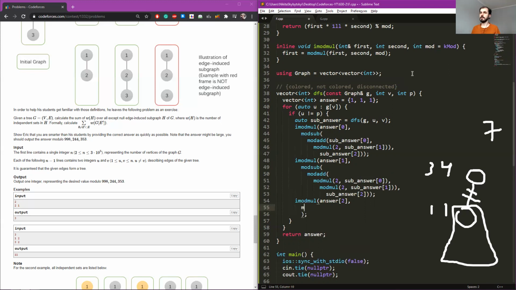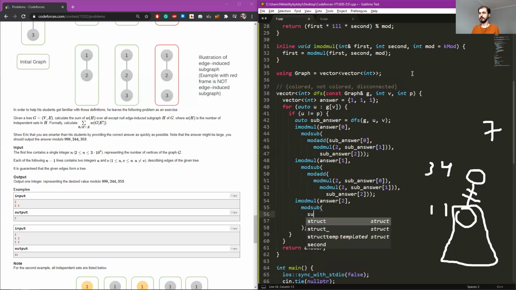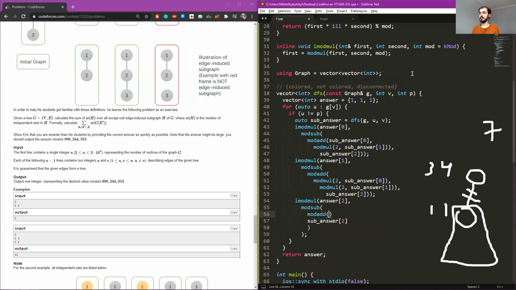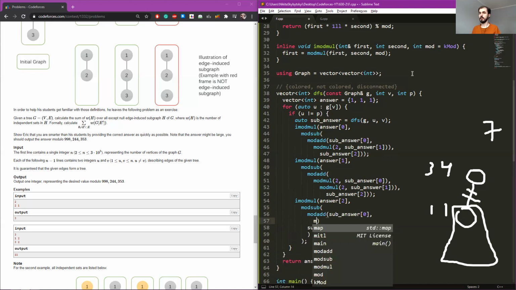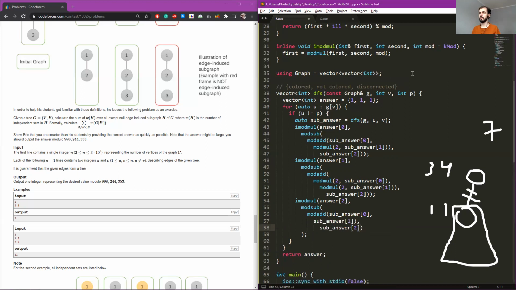Wait, isn't it so basically subtract the answer 2, not add answer 0. So answer 1. And from here you subtract this. You subtract this.